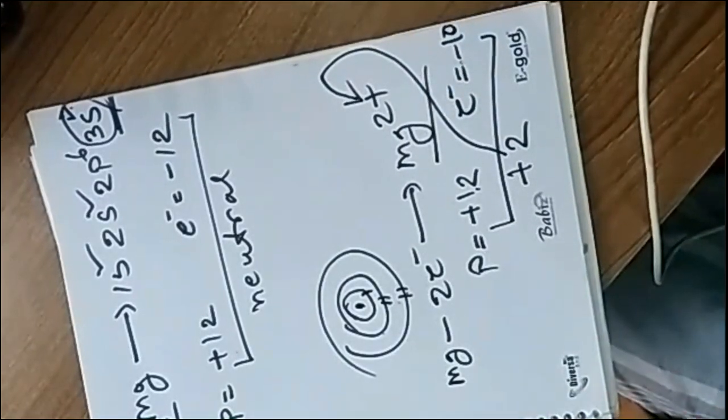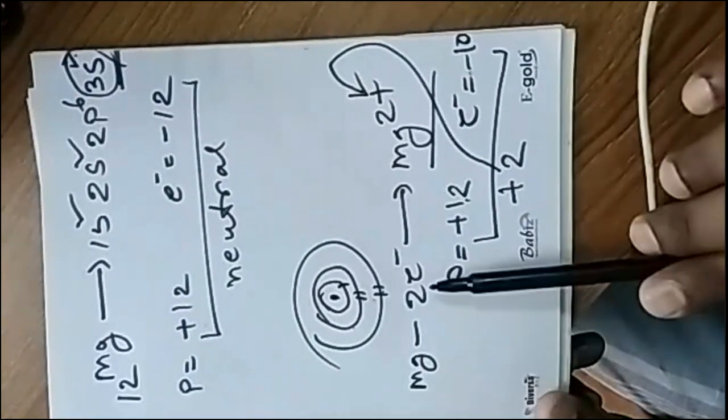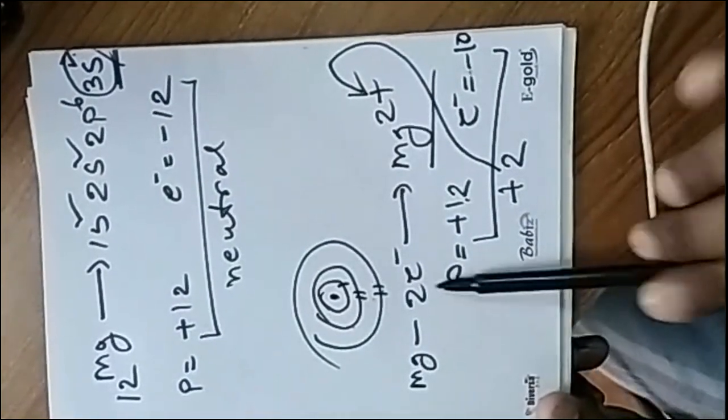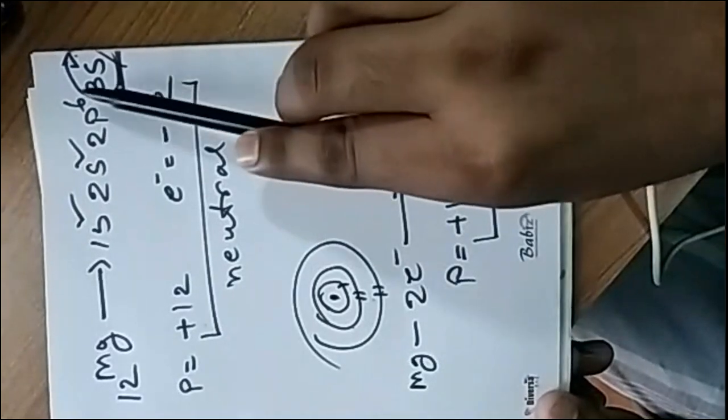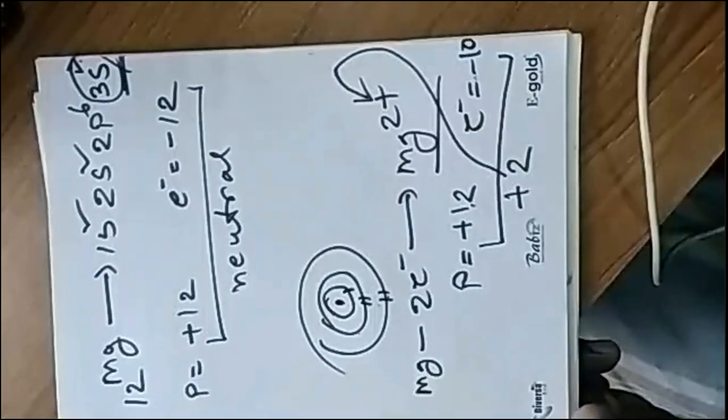Is it clear? So what is a cation? When any neutral atom donates electrons from its outermost energy level, then it will form a cation.